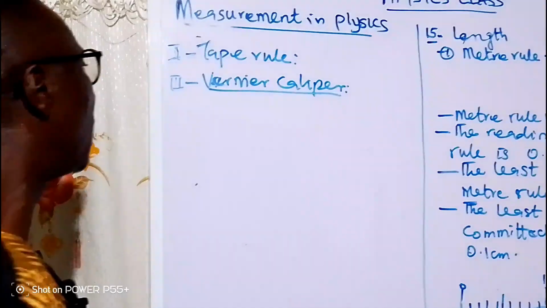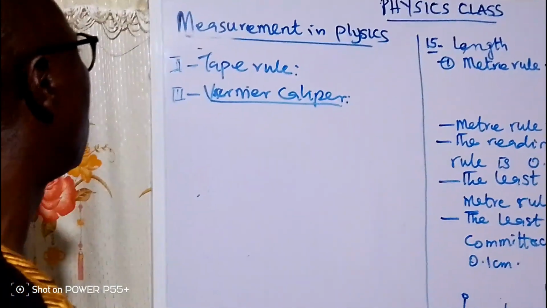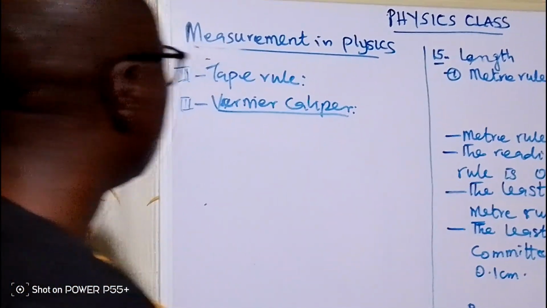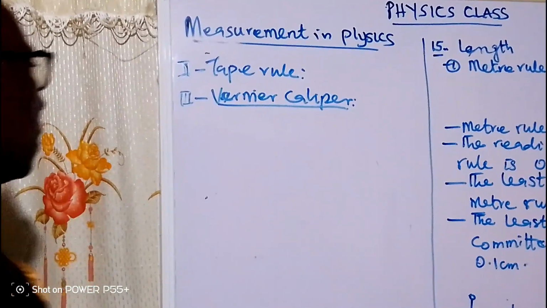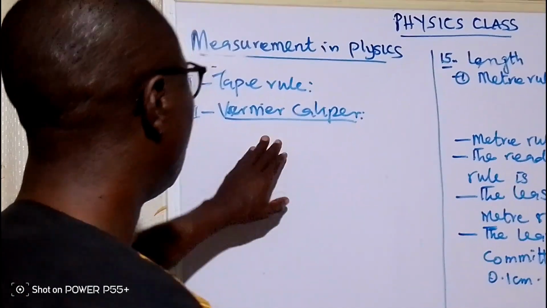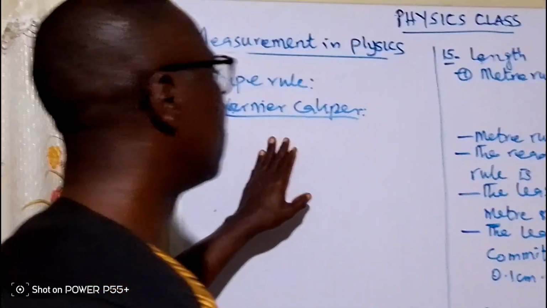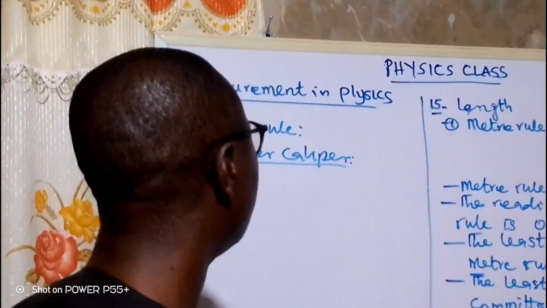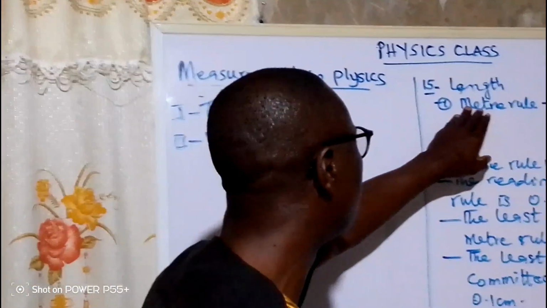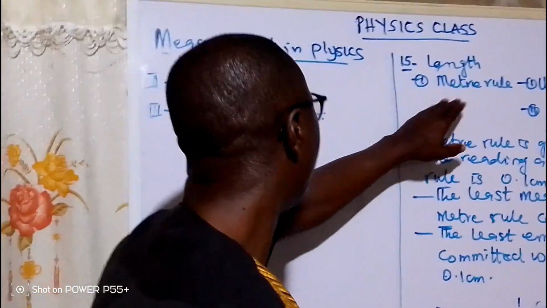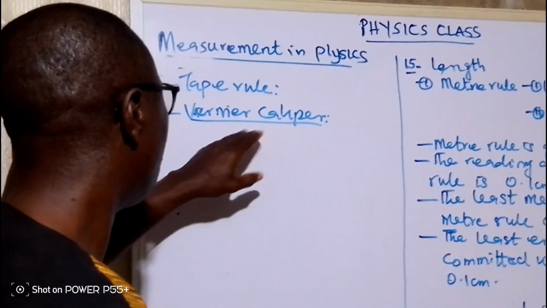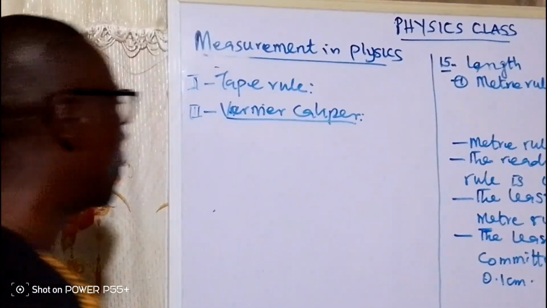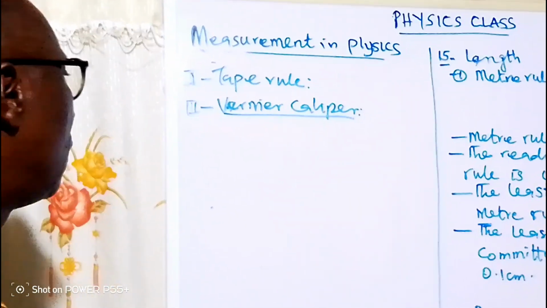The third instrument that we can use to measure length is vernier caliper. Vernier caliper is used to measure short distances, very short lengths that meter rule cannot measure accurately. An example is the diameter of a sphere.